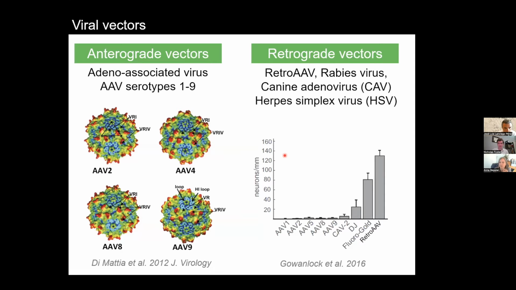And here's an interesting study that developed the retro-AAVs, and in their hands, the most efficacious retrograde vector or tracer is the retro-AAV. It's interesting to note also that anterograde viral vectors also have a tiny amount of retrograde transduction. So it's important to keep these in mind when you choose your tracer.